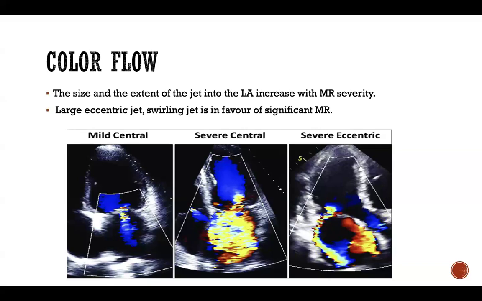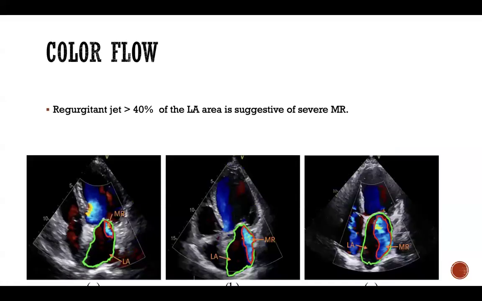According to the extent of the color in the left atrium and how much it occupies, that's how we grade the severity of the mitral regurgitation. And sometimes you see a large eccentric jet swirling around, like this jet that goes all around the left atrium up to the other side. Knowing that even though it does not occupy most of the LA, this is most likely severe mitral regurgitation.